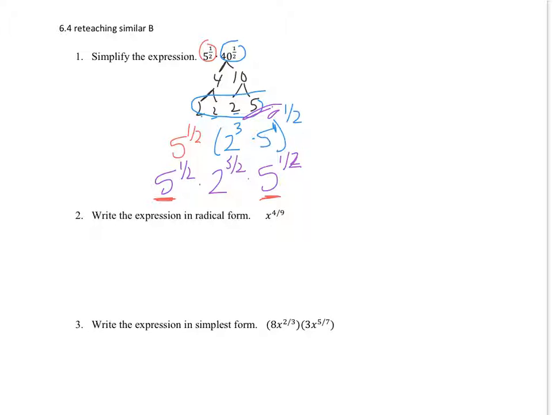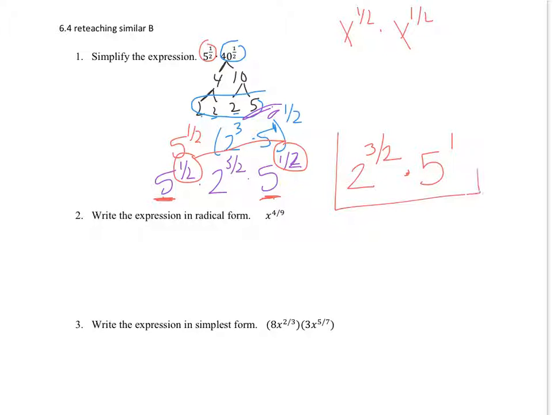So when I'm rewriting this, I still have my 2 to the 3/2. That is not changing. And just like if I have an x to the 1/2 times x to the 1/2, you only write the x once. So just like the 5s, I only write the 5 once because I'm combining these. Once you combine your exponents, that's the same thing as just writing the base once. So 1/2 plus 1/2, because when you're multiplying, you are adding your exponents, to the first.